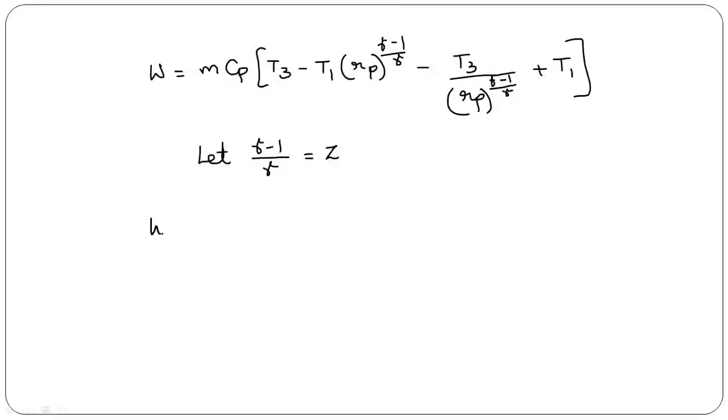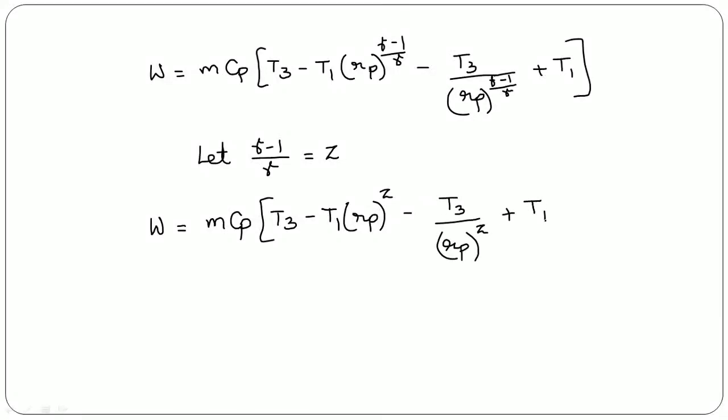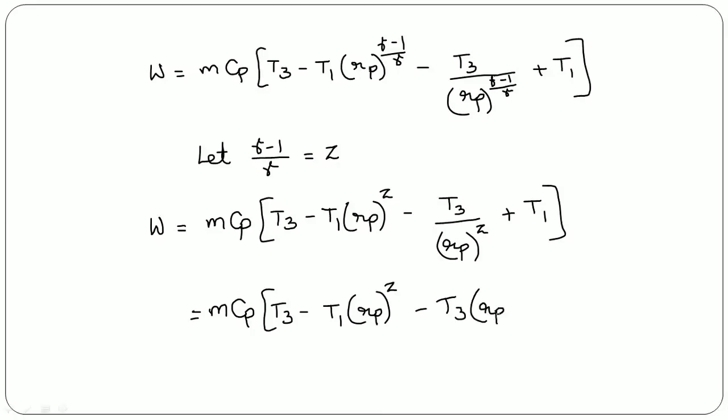Then work done will be equal to mCp into (T3 minus T1 into Rp to the power z minus T3 by Rp to the power z plus T1). Now we can write this as mCp (T3 minus T1 into Rp to the power z minus T3 into Rp to the power minus z plus T1). So taking Rp to the power z to the numerator, it becomes Rp to the power minus z.